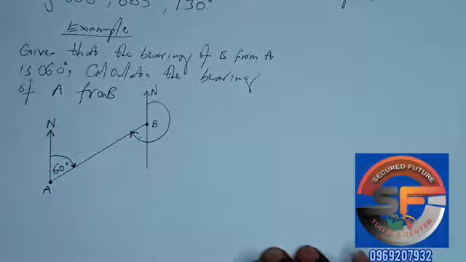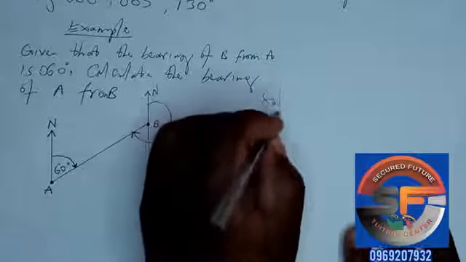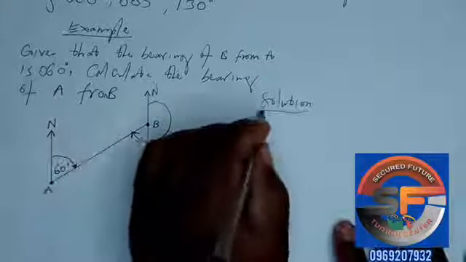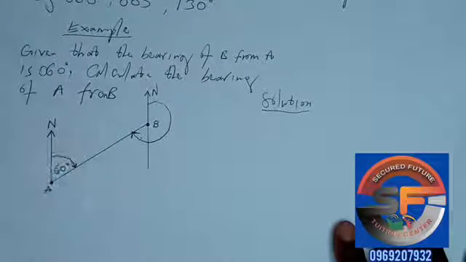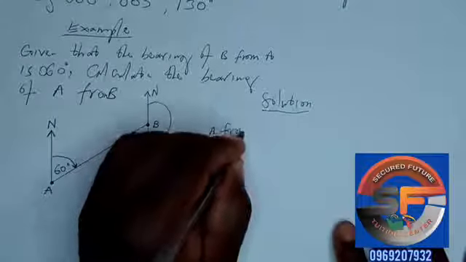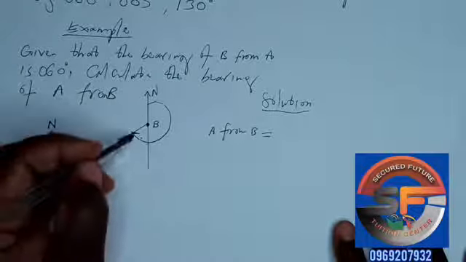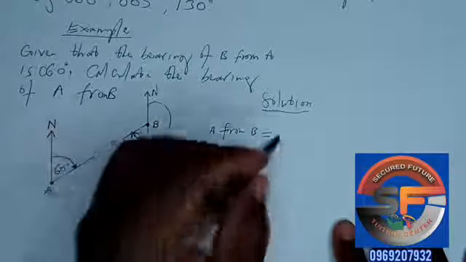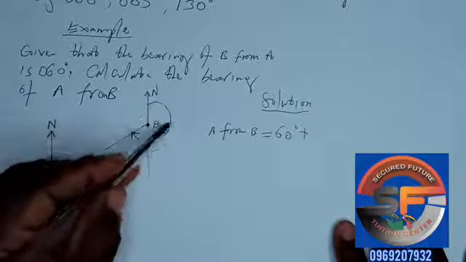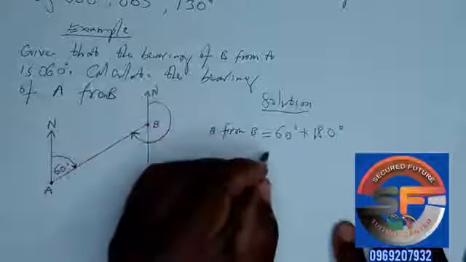So we'll just say solution. The solution will be given by: the bearing of A from B will be given by the summation of this one, 60 degrees, plus this one, 180 degrees.